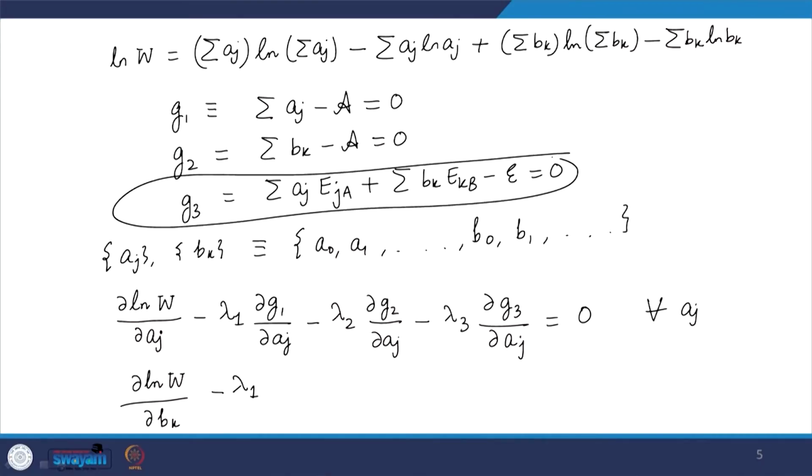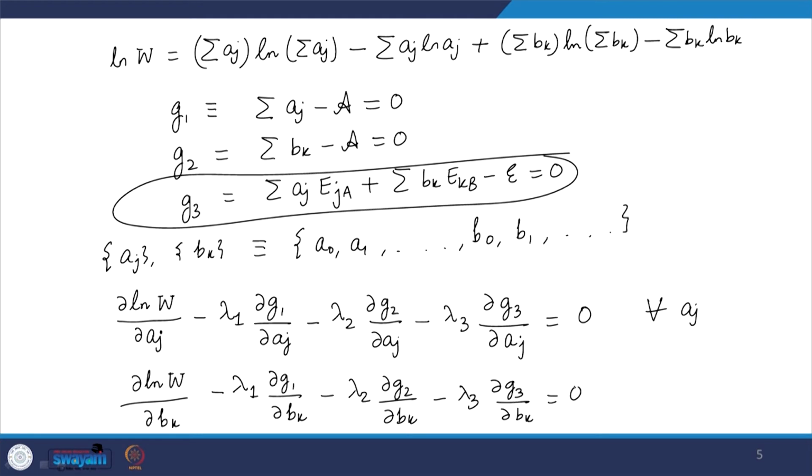So, there is no difference between the variables as such. So, we should not have different Lagrange multipliers for the same constraints. And that is particularly important for the last one, because in here both A j and B k come together. So, this then becomes the same thing, but with respect to B k, for all values of B k.